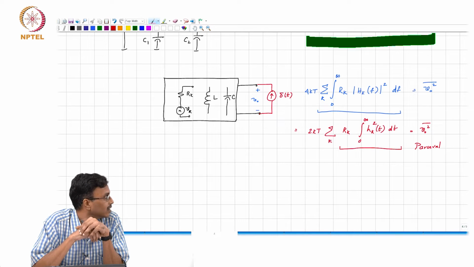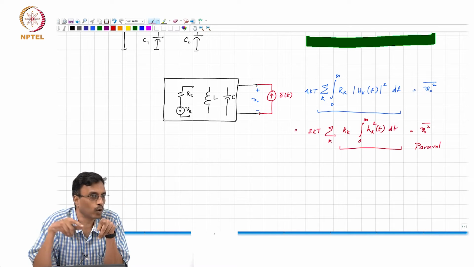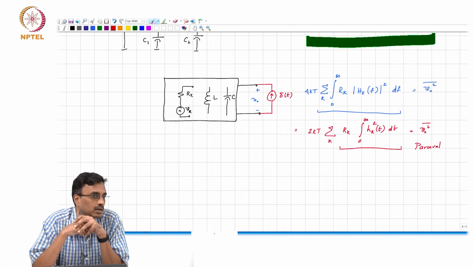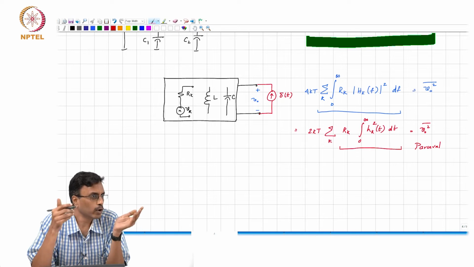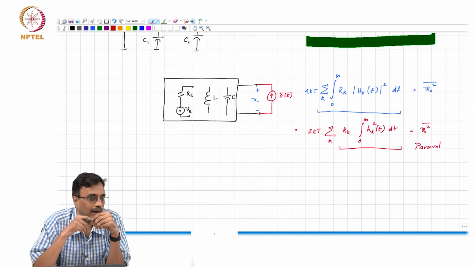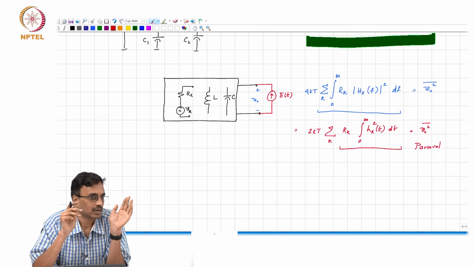If any of this impulse current goes into the network, where is it going to go? It is only going to go into the capacitors. It can't go into the inductors because the inductors are going to be an open circuit at 0 plus, and the resistors will have an impedance much larger than the capacitors. So, all the current goes into the capacitors.